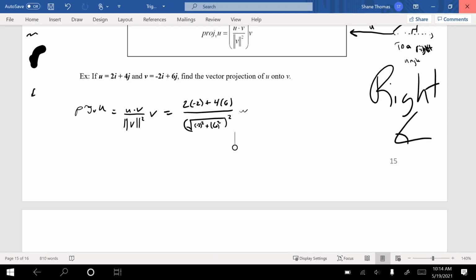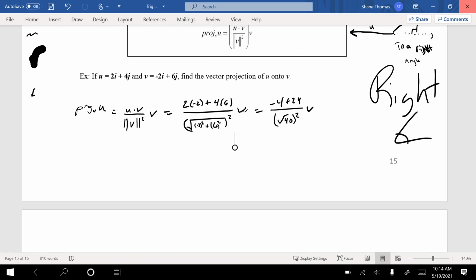I can't read my own writing on my notes. V. All right? We'll bring it back in. That's how to get it back into the letters, to bring I and J back. All right, so on top, I have -4 plus 24. On the bottom, it's going to be the square root of 40 squared times V. Okay?